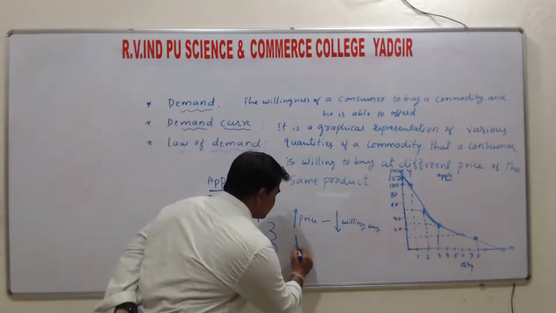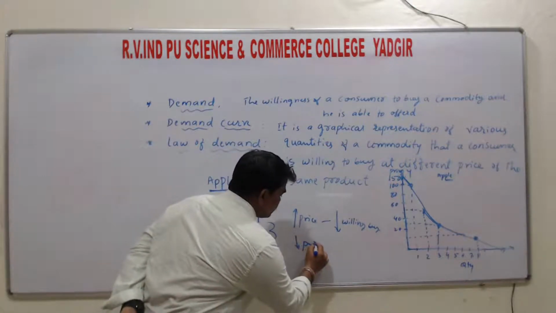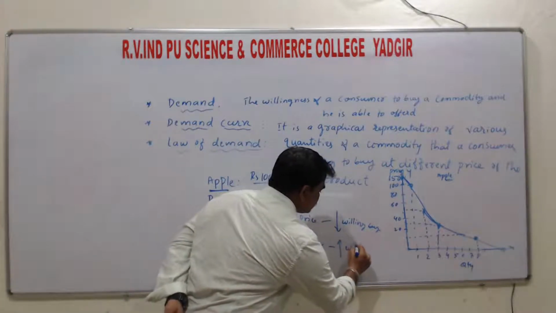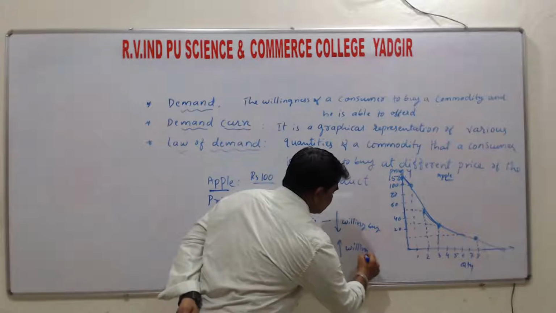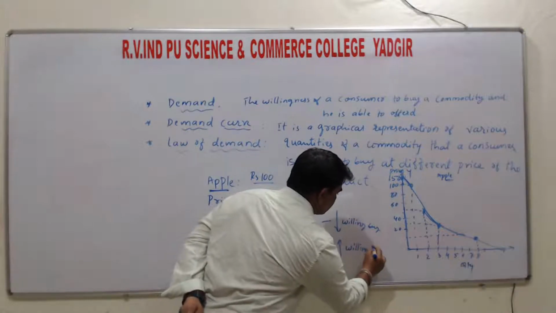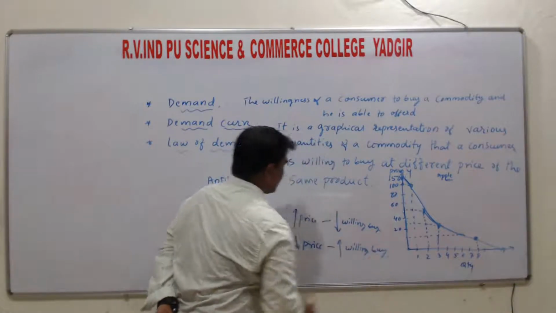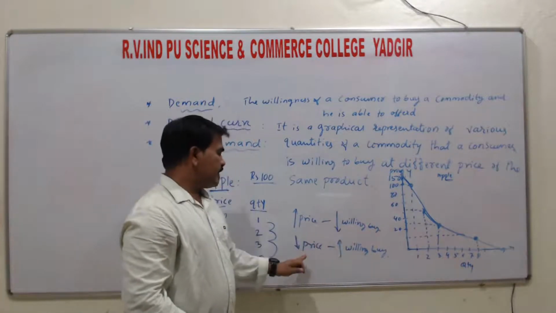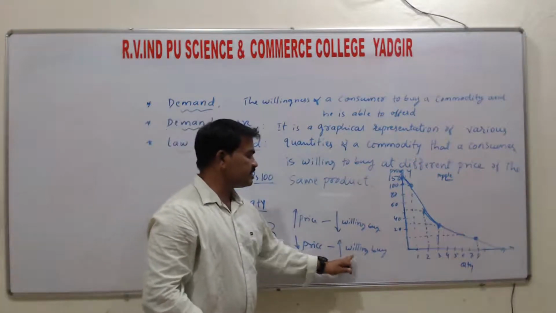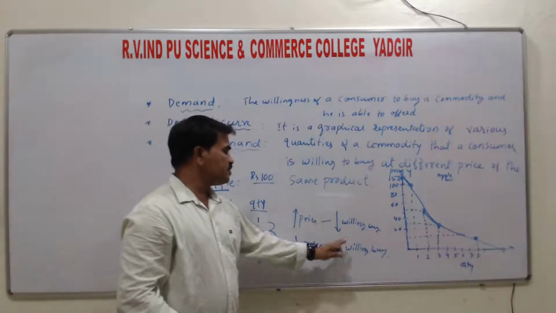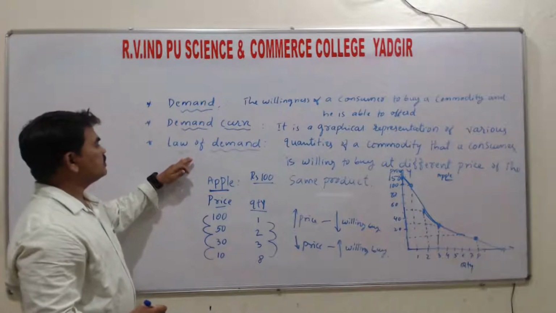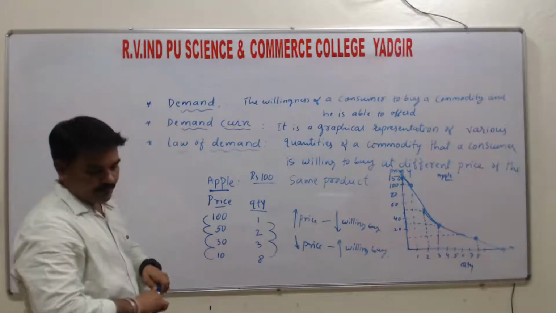If the price is less, then the willingness to buy that product is high. When the price is high, willingness is less. When the price is less, the willingness is high. Willingness is more to buy that product. That is the law of demand.